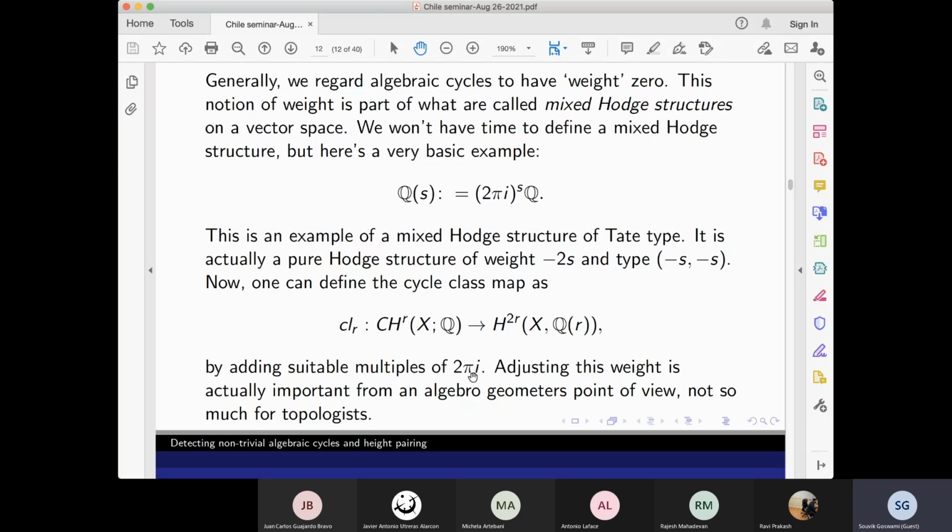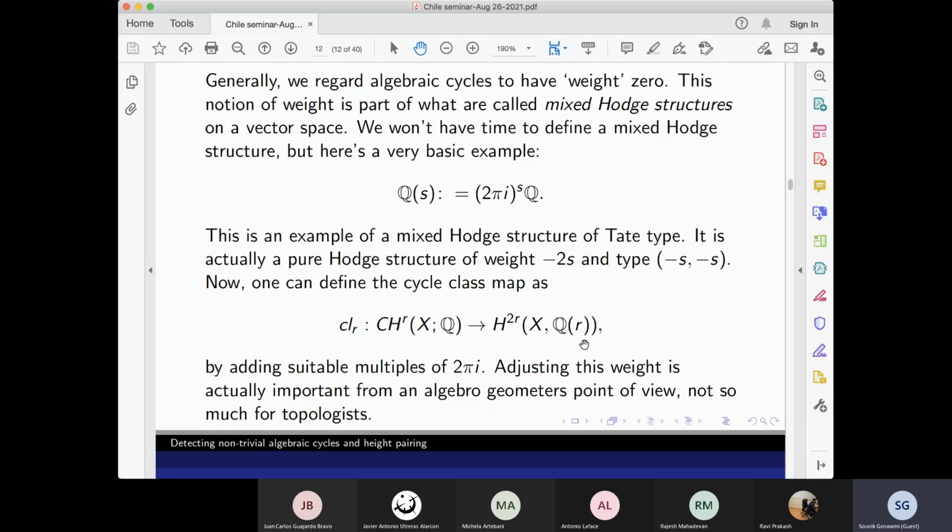On the face of it, it's useless. So why would one do that? That's the comment here. For topologists, the fundamental class is enough. But if you are an algebraic geometer, this adjustment of weight is really important.